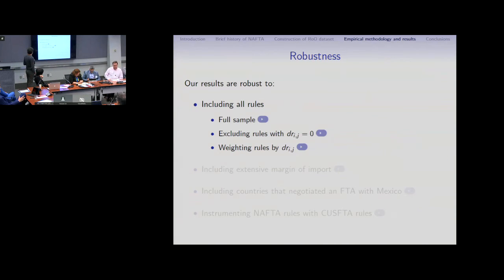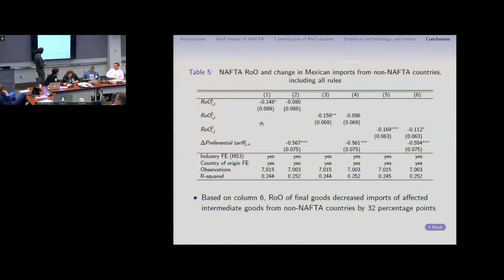So then we ran some robustness exercises. The first one, as I was mentioning before, is that there were some issues when thinking about whether or not the input and the output that were defined through the rules of origin were vertically connected. So we decided to focus on 6-digit rules for which we were more convinced that they were vertically linked. If we use the full sample, we still find a similar pattern.